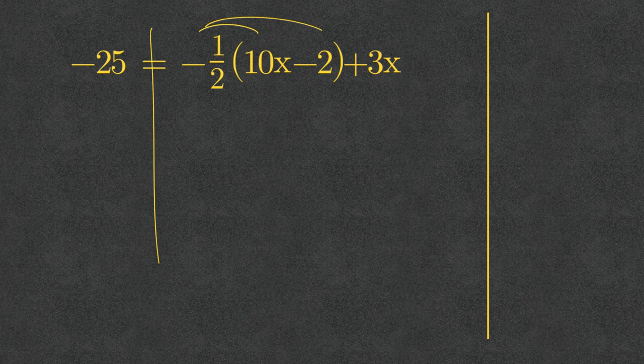Now, listen and watch. Okay? We are going to take a negative 1/2 and multiply it by 10. Now let me show you what's going on here.